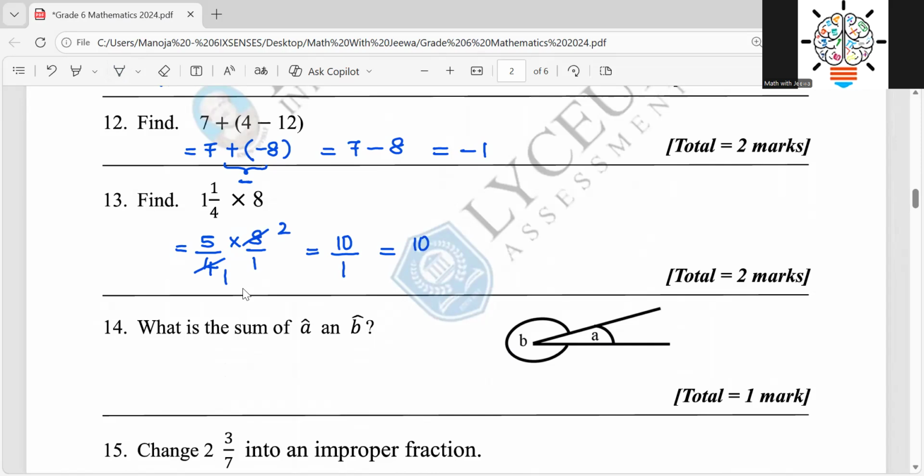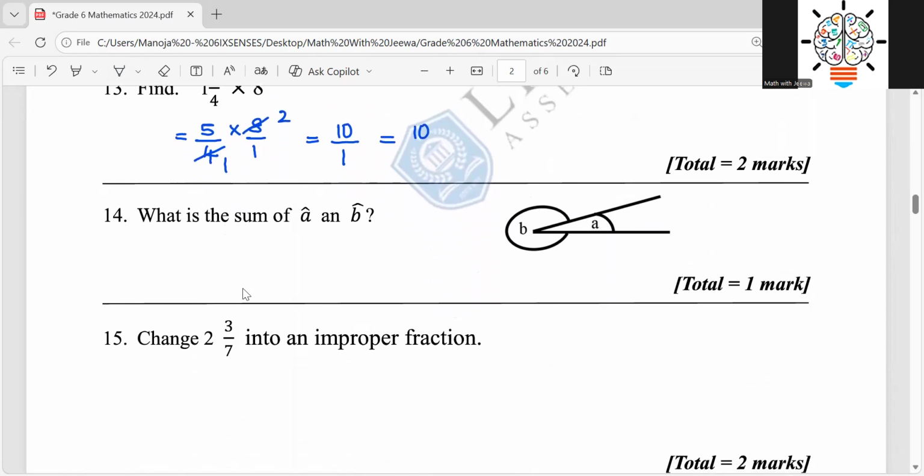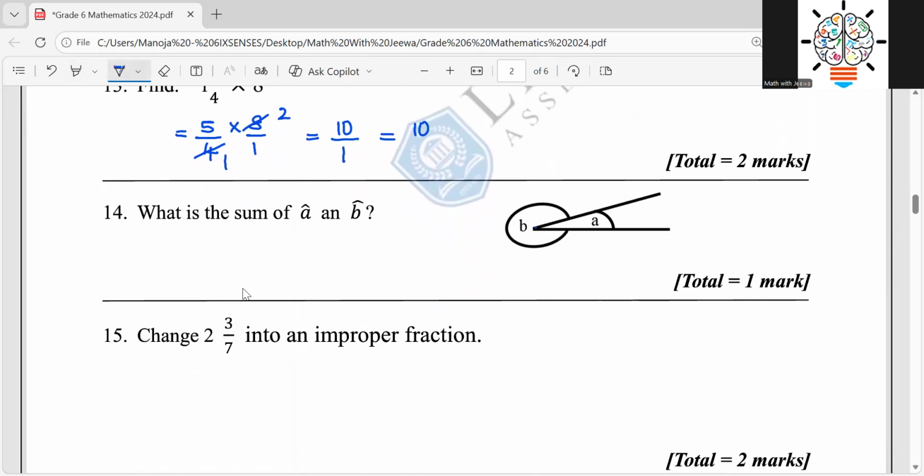What is the sum of A and B? They are just asking a theory, angles at a point. So then what is the sum? Then you can write A plus B is equal to 360. Normally, I write the reason, but I don't write the reason because they have given me 1 mark.